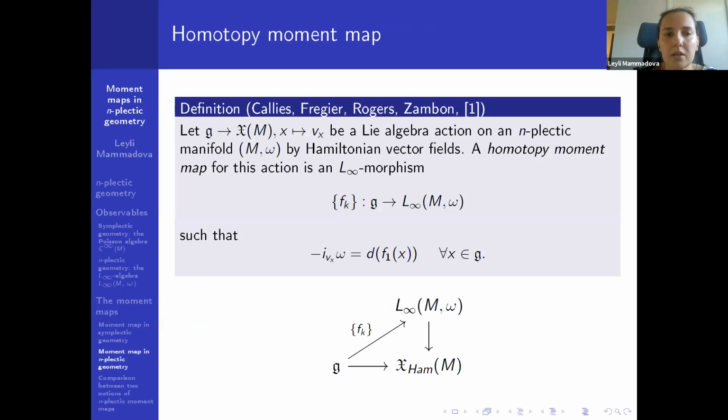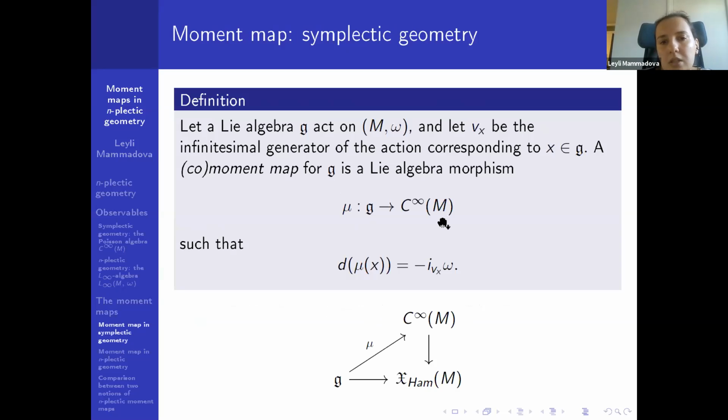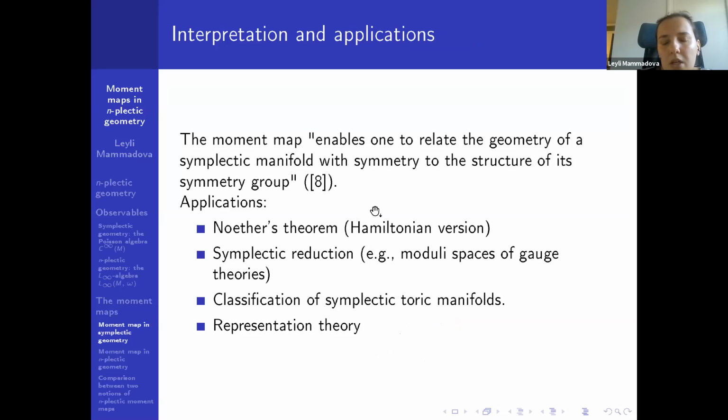Okay, now it's time to define the homotopy moment map. So a moment map in multisymplectic geometry. This is very analogous to the definition on this slide. It's just that the objects changed accordingly because we are in multisymplectic geometry.